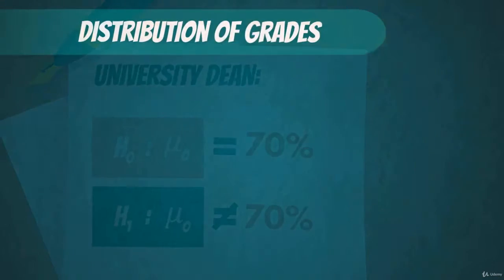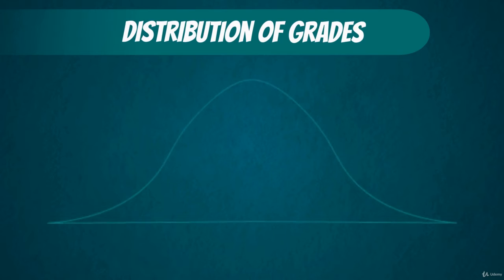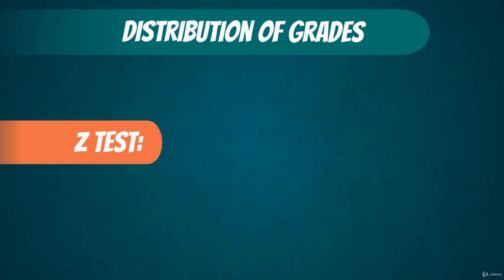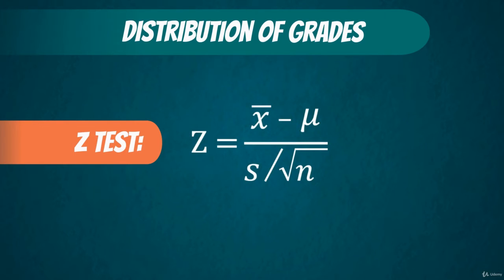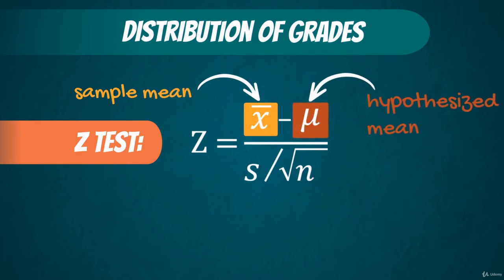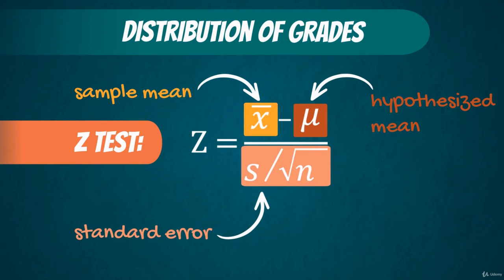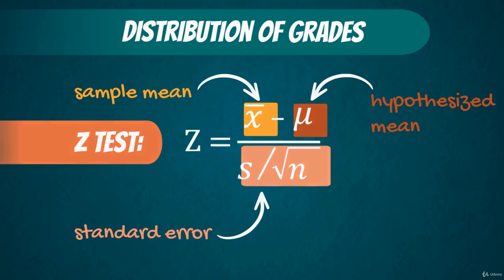Alright, assuming that the population of grades is normally distributed, all grades received by students should look this way. That is the true population mean. Now, a test we would normally perform is the z-test. The formula is z equals the sample mean minus the hypothesized mean divided by the standard error. The idea is the following.